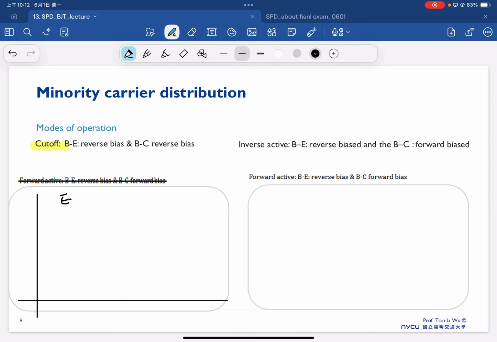So we have an emitter, base, collector, which is N++, P+, N here.